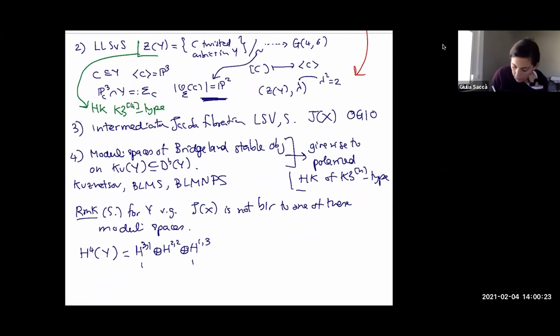And in fact, there are many ways. There are other Fano manifolds that you can associate hyperkähler manifolds to, and so one is Gushel-Mukai varieties of even dimension, and Debarre-Voisin varieties.